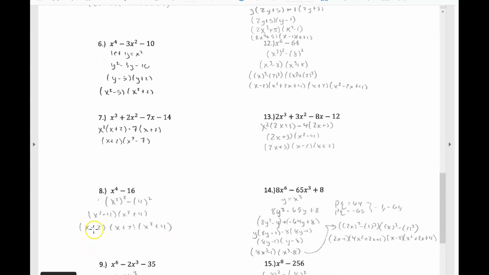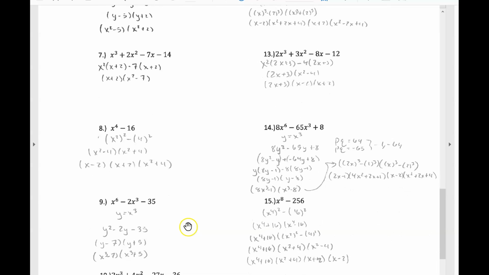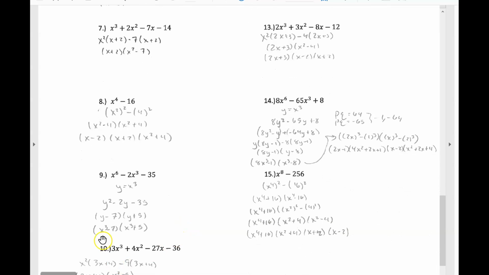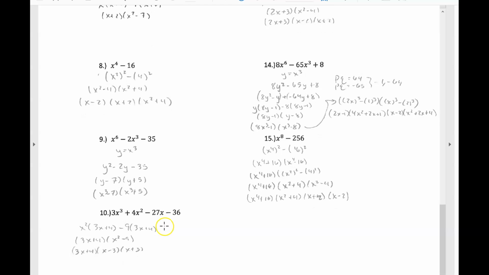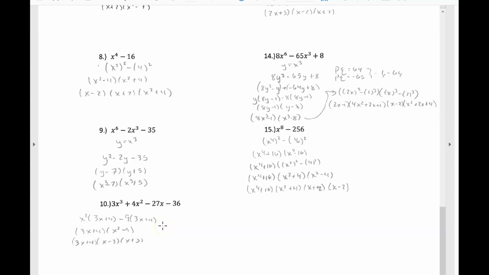For 8, I got x minus 2 times x plus 2 times x squared plus 4. For number 9, I have x cubed minus 7 times x cubed plus 5. For 10, I got 3x plus 4 times x minus 3 times x plus 3.